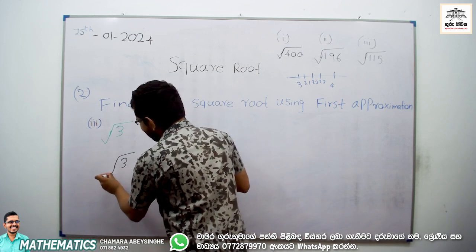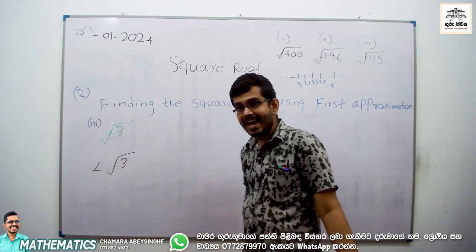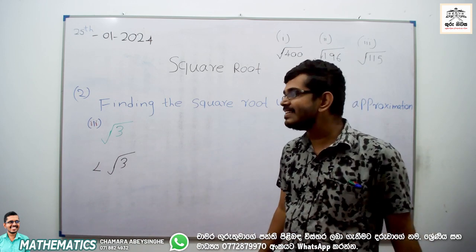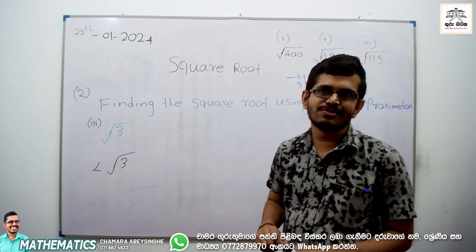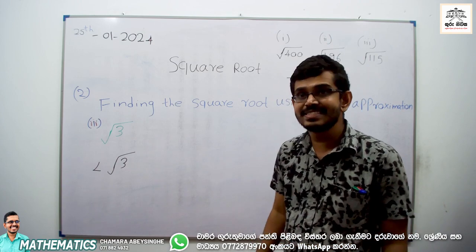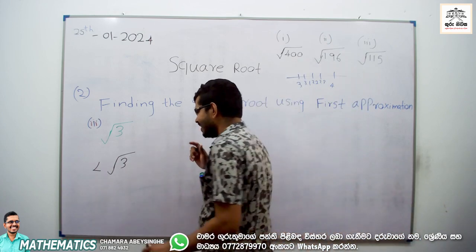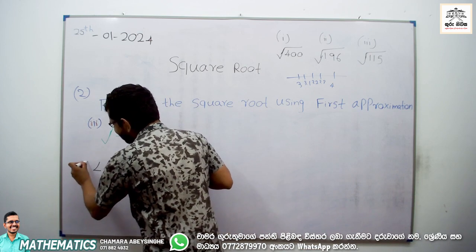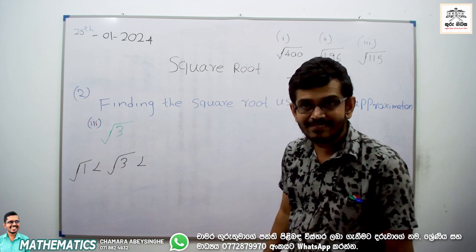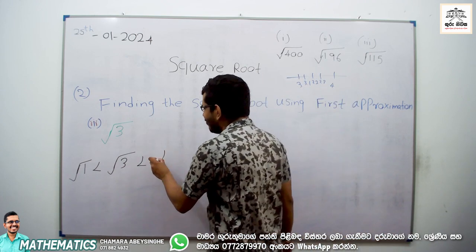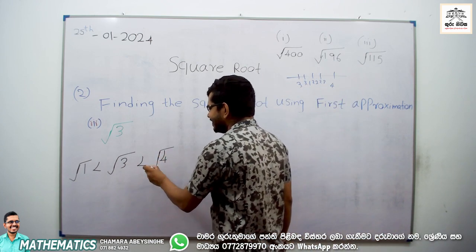And on your left hand side, write the nearest less-than square root number. The nearest less-than square root number is 1, square root 1. And the nearest greater square root number is 4.